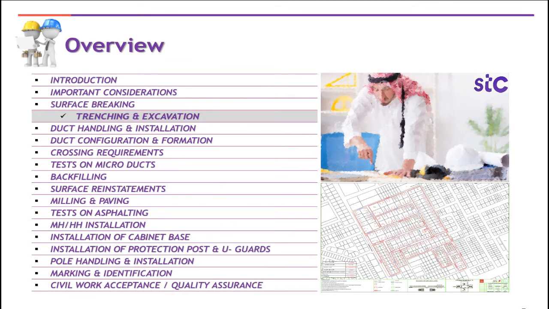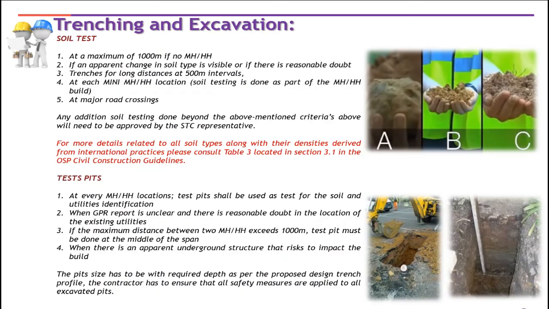Next is trenching and excavation. First, let us differentiate soil test and test pits. When do you need these soil tests and test pits? A soil test is used to confirm changes in the soil type that could impact the civil works, most especially when you are installing a manhole.